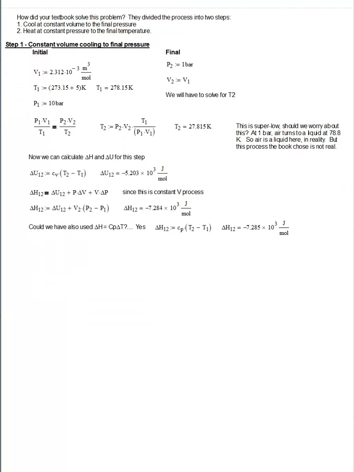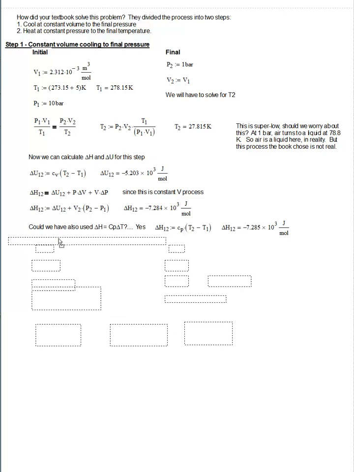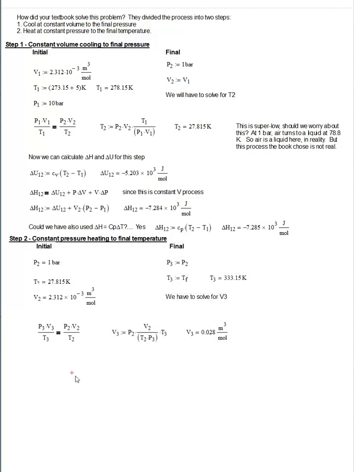All right, now the next step of this process is constant pressure heating to the final temperature. And so let me bring all that over. So we go from the P2, V2, T2, which are given here, to our final state, P3, T3. We know that it's constant pressure, so P3 is P2.